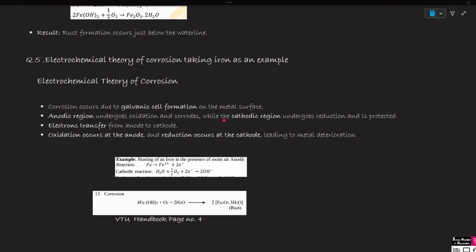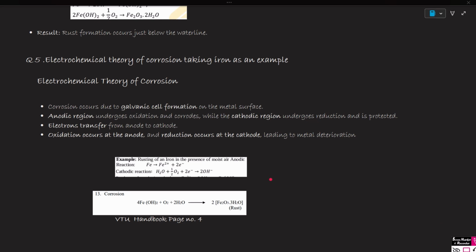The metal which undergoes oxidation gets corroded by an oxide layer on it. The metal which undergoes reduction is protected. Electrons are transferred from anode to cathode. Oxidation occurs at the anode and reduction occurs at the cathode, leading to metal deterioration.